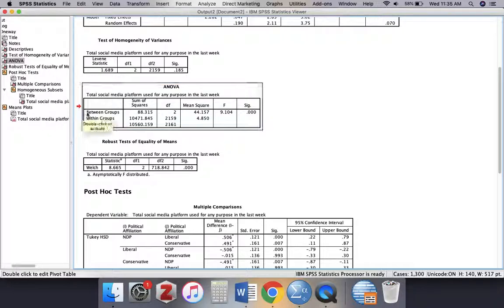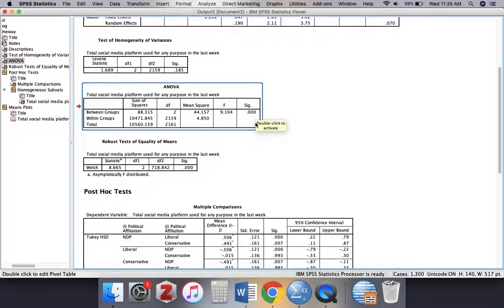So we will look at the between groups line because we're interested to see if the groups are different from each other on the DV, okay? And the F statistic here replaces the t statistic in the t-test, okay? So that's the information that you'll need. You'll need the F statistic here and the p-value associated with it.